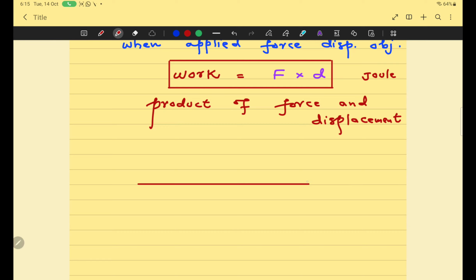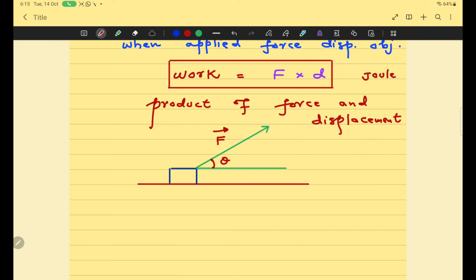Acha, if you are applying force by making angle theta, consider this is a block and this block is connected with a string, and now I am applying force, and this force is making angle theta with horizontal.